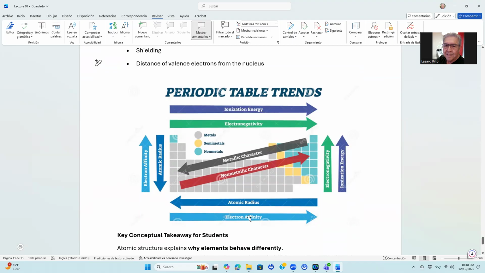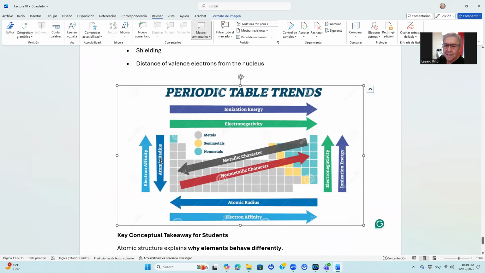The electron affinity increases to the right. The atomic radius increases down and decreases up. The electron affinity increases up. The electronegativity increases up, and the ionization energy increases up.